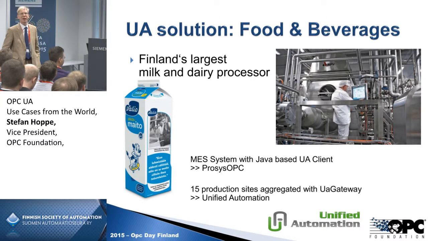But they have been using UA gateways to convert the old OPC classic protocols to OPC UA, just to be able to improve the security layer in between the communication mainly. And in future we can get more to the OPC UA native communications, while the actual automation systems are also converted and updated to communicate with OPC UA. And in the MES level, we are already communicating with OPC UA.